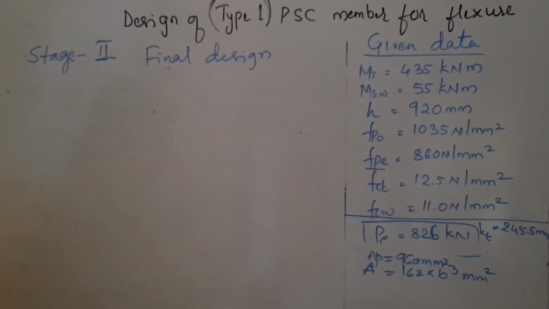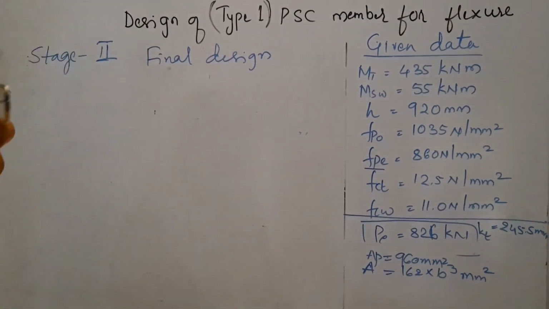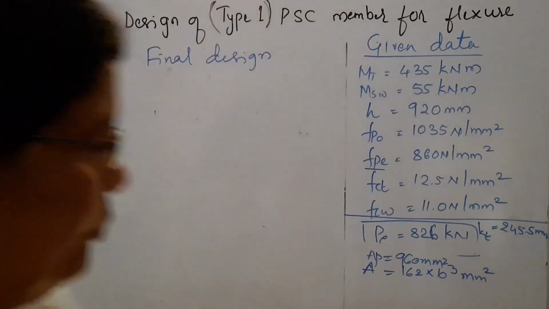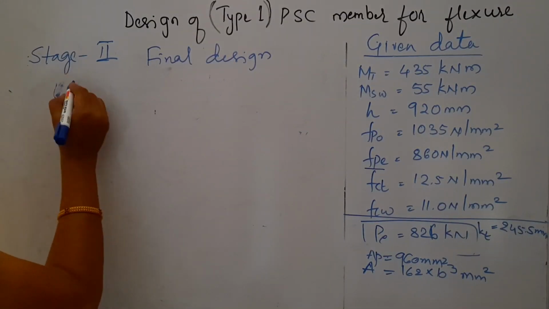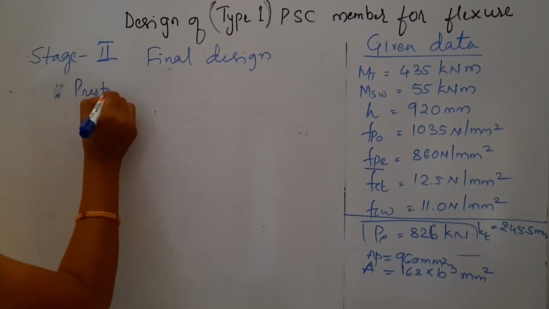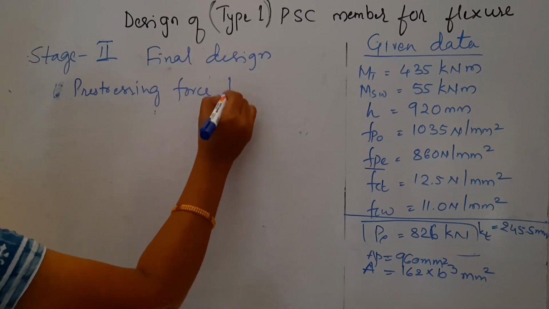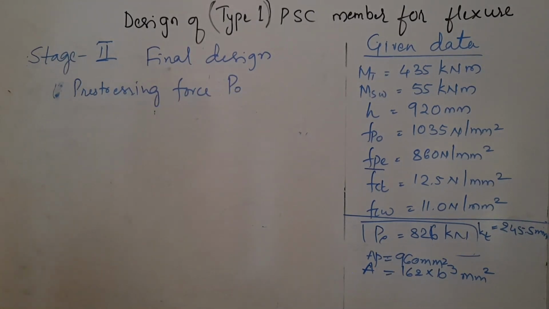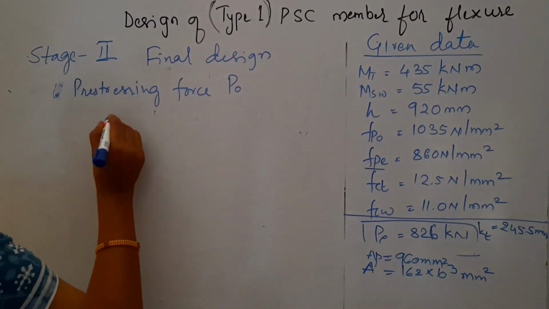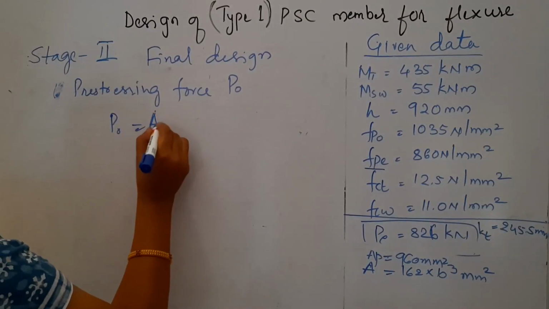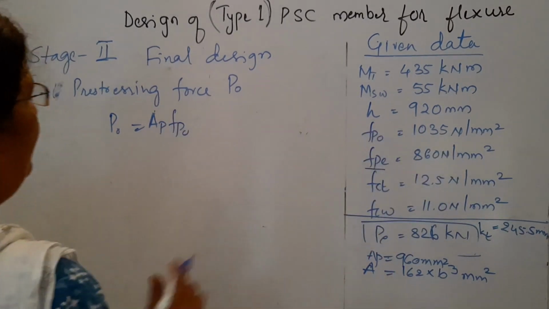In the first step of the final design, we have to calculate the pre-stressing force P suffix O, that is the initial pre-stressing force. We have calculated the effective pre-stressing force. PO is equal to area of steel multiplied by the FPO. It is given.